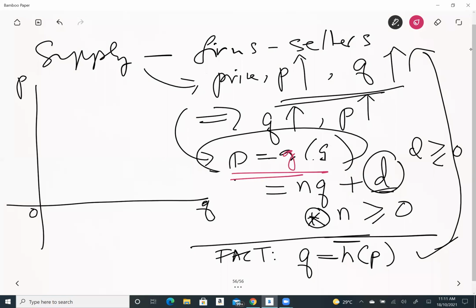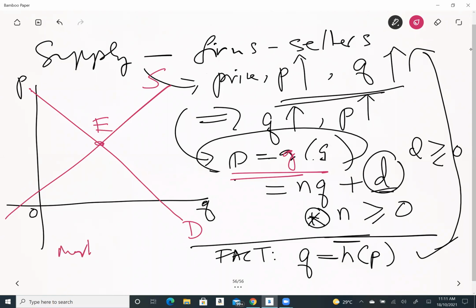So you have the demand function and the supply function. The demand function slopes downward like that. Call it D, the demand function. Then you have the supply function, sloping upward. We call it S. Then there will be the equilibrium point, where demand and supply intersect. So here you have a market of tea. The market is only for one good, not the market for the whole country.